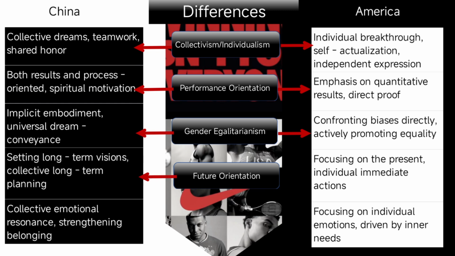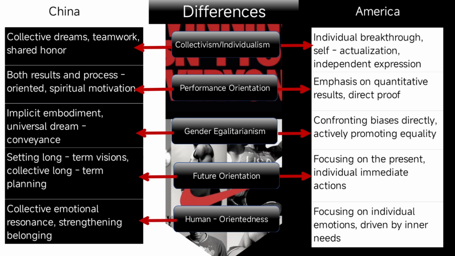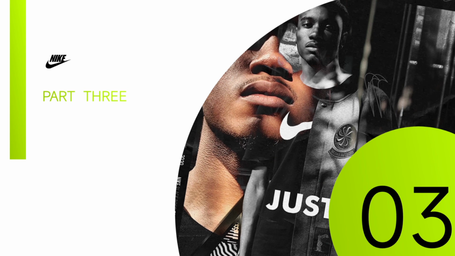America focuses on the present, with individuals taking immediate action. As for human orientation, China strengthens a sense of belonging through collective emotional resonance. America pays attention to individual emotional needs, driven by inner needs. The part 3 is optimization.